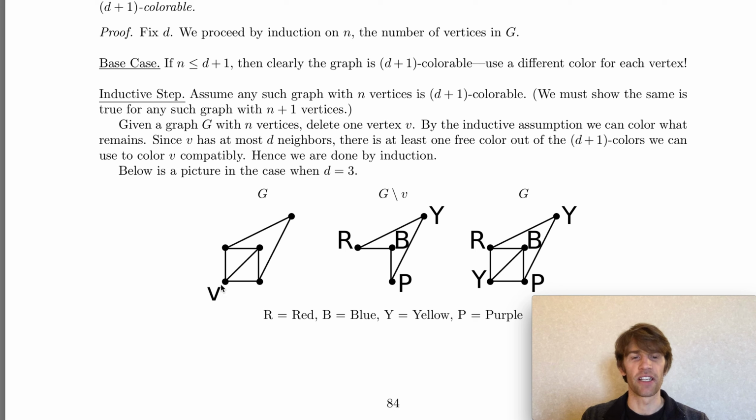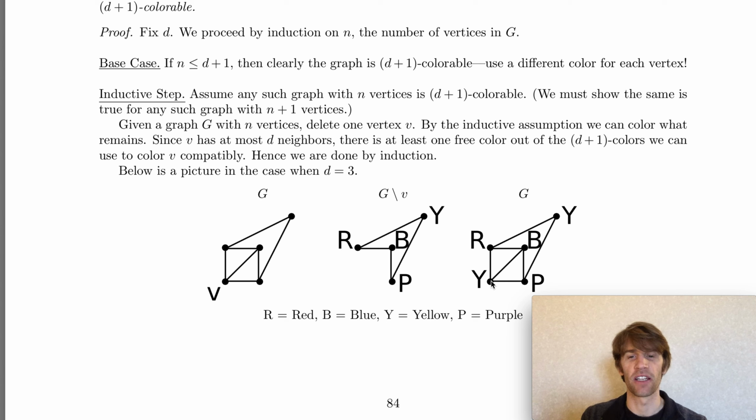We'll delete a vertex v to go from a graph with n plus 1 vertices down to a graph with n vertices. By the inductive assumption, this graph is D plus 1 colorable, in this case, 4 colors. And now, we need to prove that the larger graph with n plus 1 vertices is also D plus 1 colorable. So we're going to add back in this vertex v.